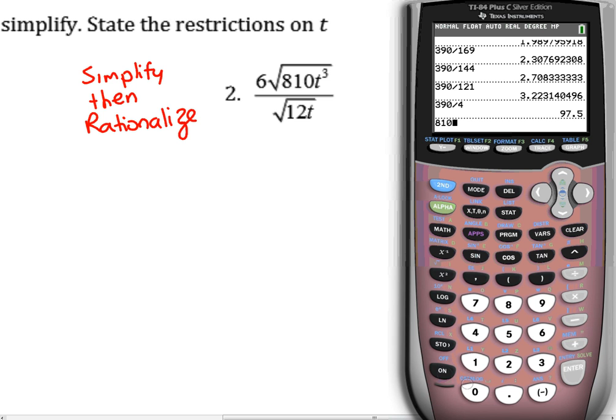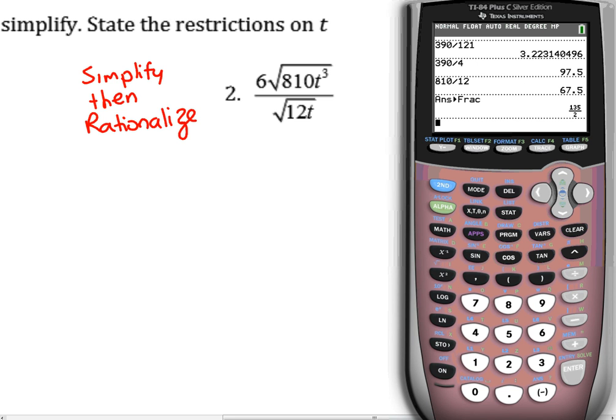I can take my calculator, go 8/10 divided by 12, math, enter, enter. It'll reduce the fraction for me. Essentially, we're going to divide both of them by 6. I can reduce 8/10 and 12. I'm going to reduce that to 135 in here and a 2.